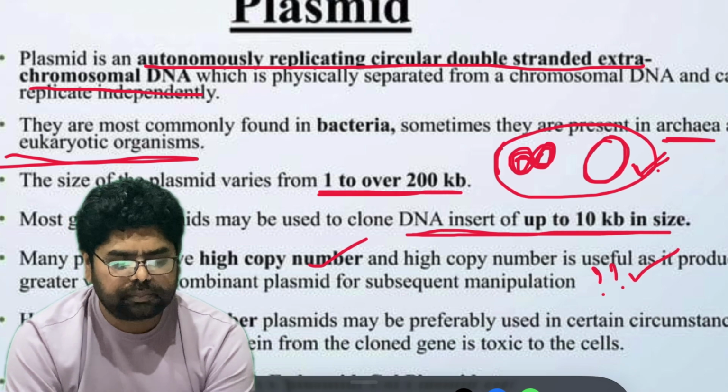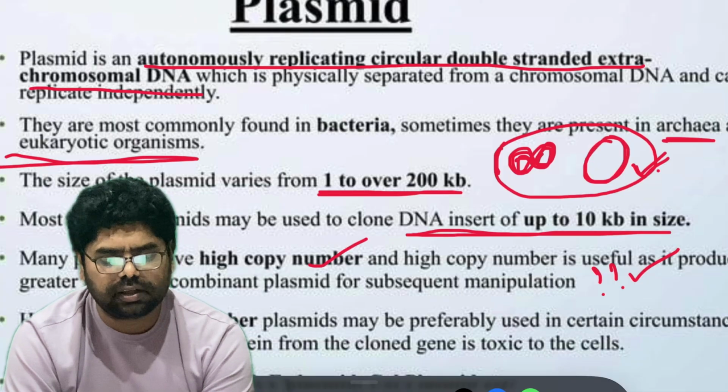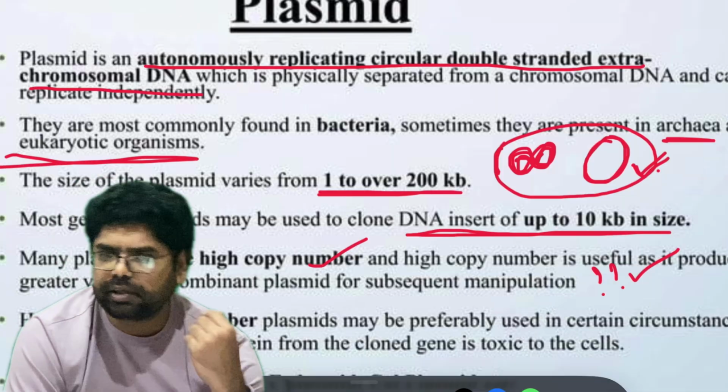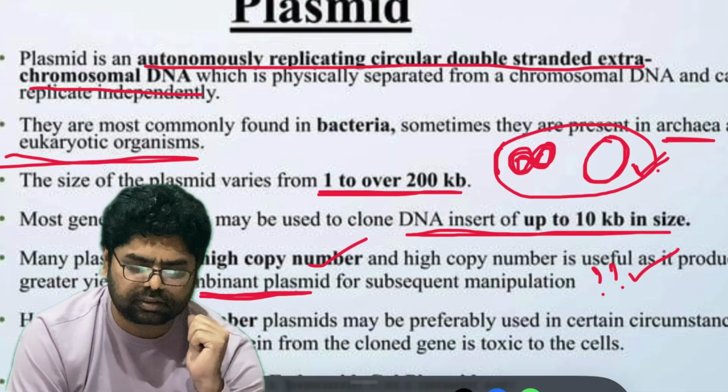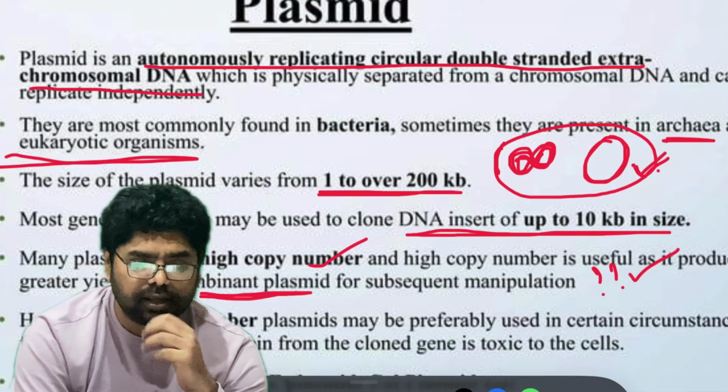Many plasmids have high copy number, and high copy number is useful as it produces a great yield of recombinant plasmid for subsequent manipulations. The point is correct, but it is not totally correct. Why?